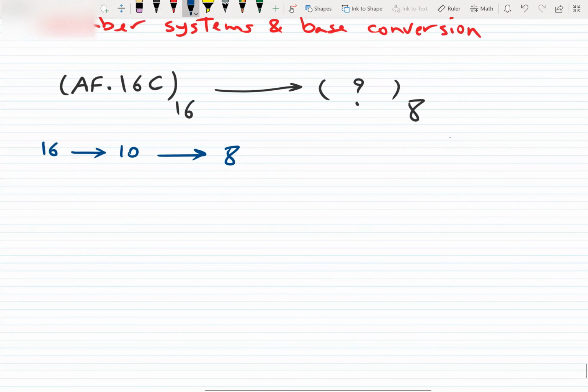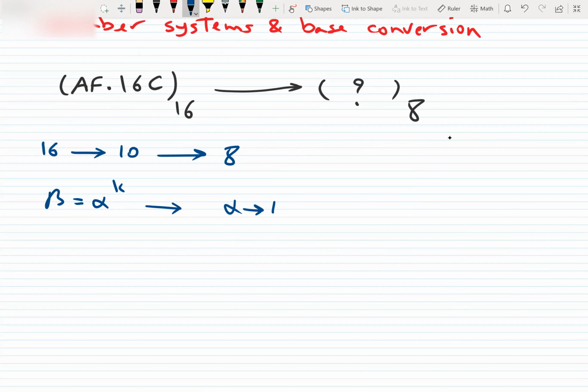We have another way for base conversions as a shortcut, and we said if beta is equal to alpha to the power of k, we can directly convert from base alpha to base beta or base beta to base alpha. Here, base alpha is 8 and base beta is 16.